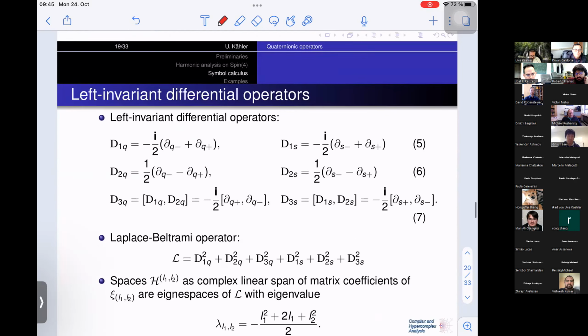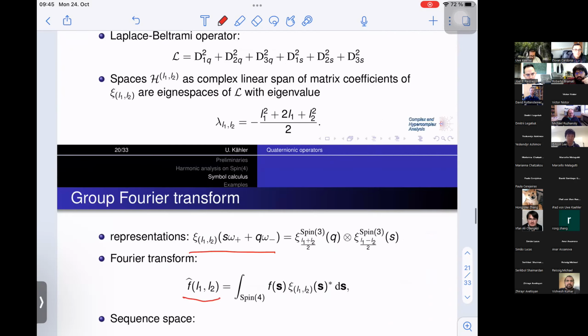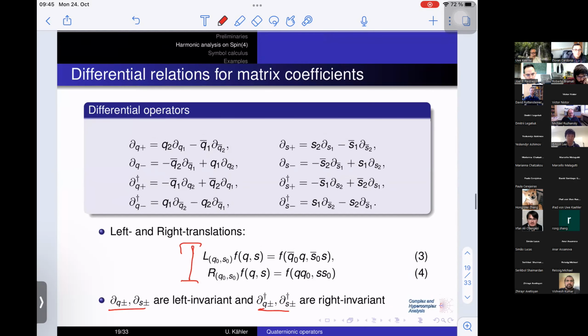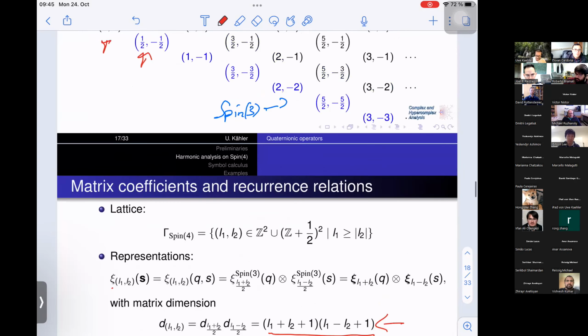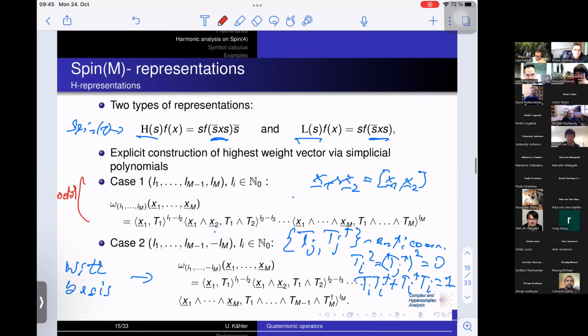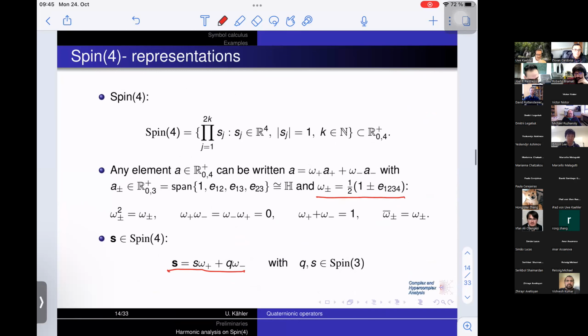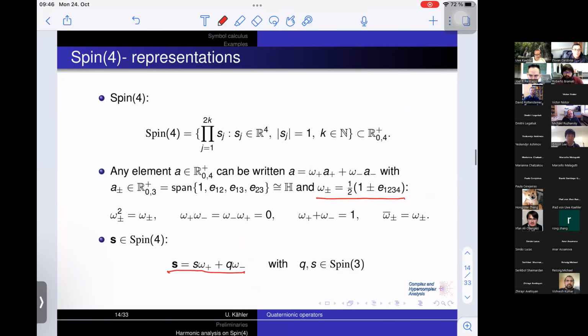I can show where I have my differences. You have these guys, and the Q ones, and you have the decomposition in S and omega. You see this decomposition here, right? So S is in spin S and Q are in spin 3.